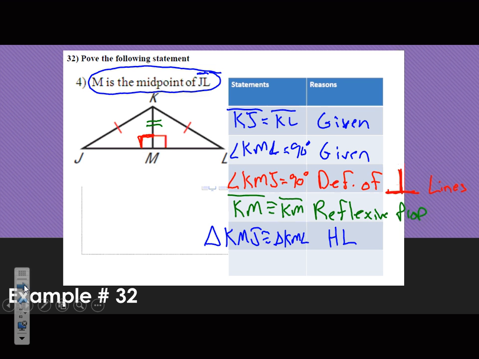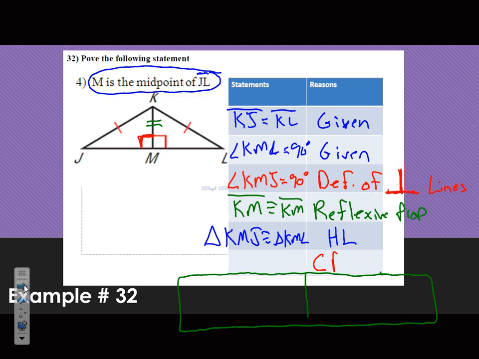Now, this is where it gets a little bit different. I'm sorry, there were not enough boxes. We need to add another box onto the end of these. For this one, we have to add this step. What I'm going to say every single time after we prove triangles are congruent, our next reason always is going to be CPCTC. We're going to know that something's congruent to itself.